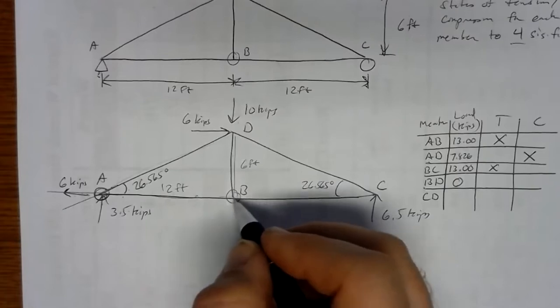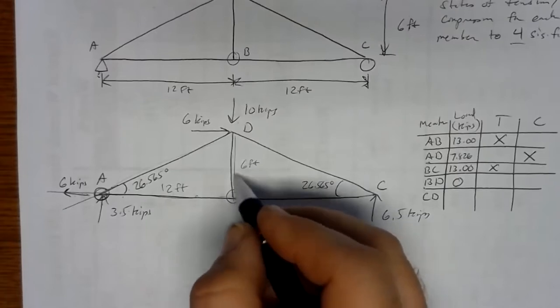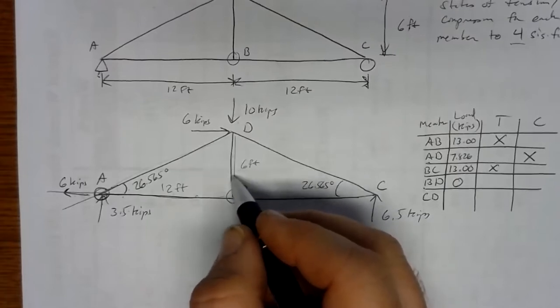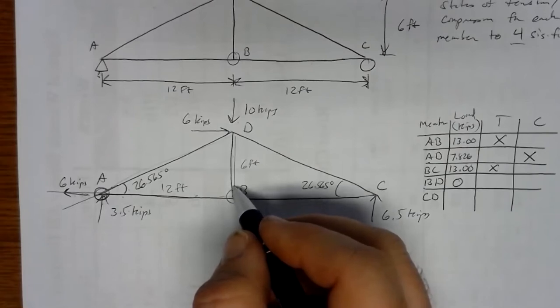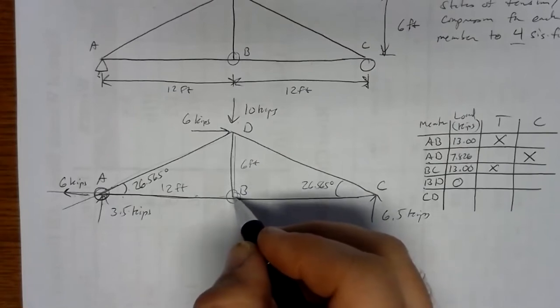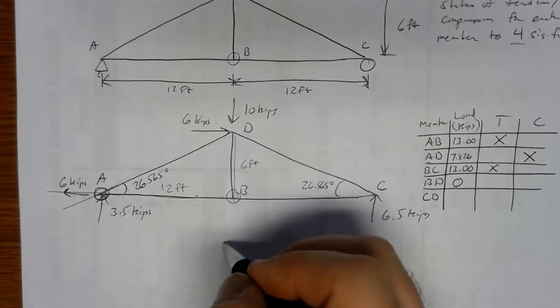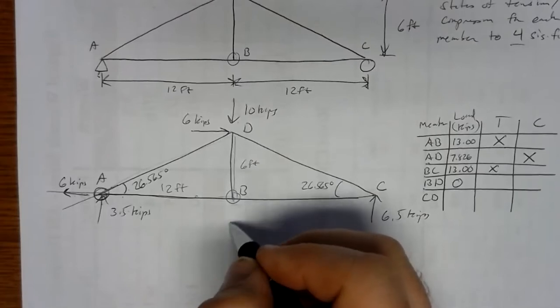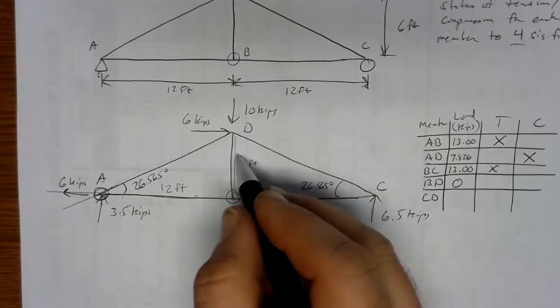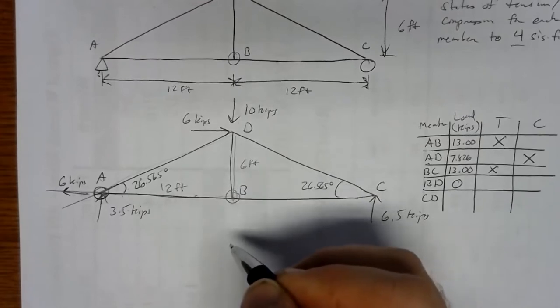Well, AB and BC are horizontal, so they're going to cancel each other out. There's nothing for this to apply force to. Now, the situation would be different if I hung something from B. If I exerted a force at B, then there'd be a vertical force for BD to react against.